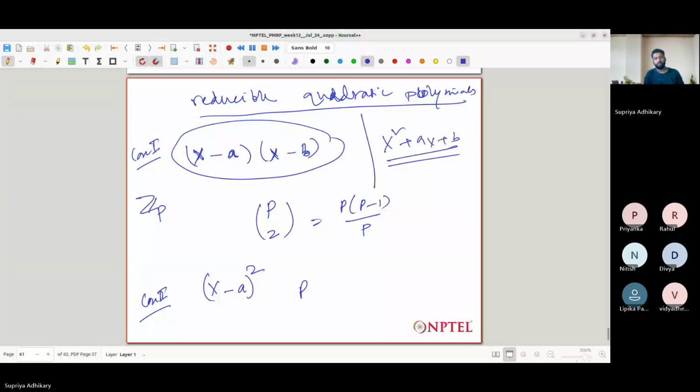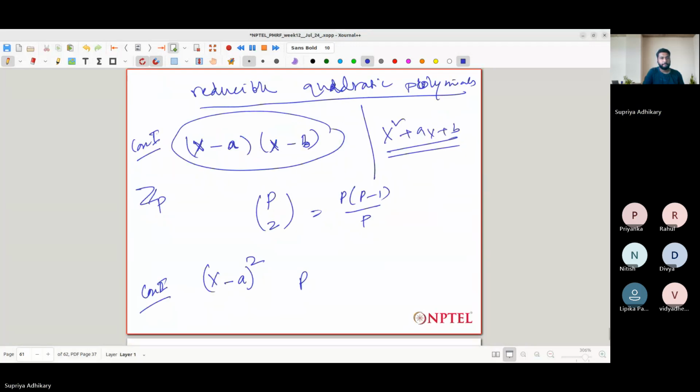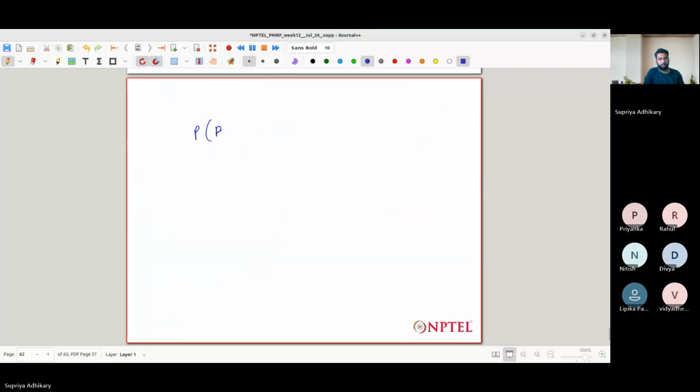Okay, so the total number of ways that we can write this polynomial, sorry, the total number of reducible polynomials is then p choose 2 plus p.